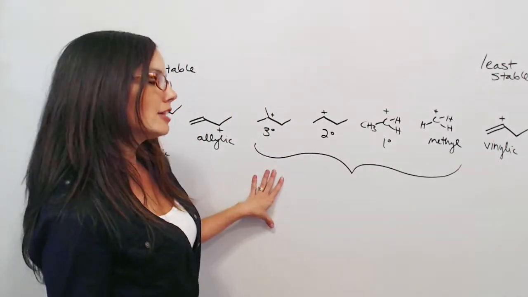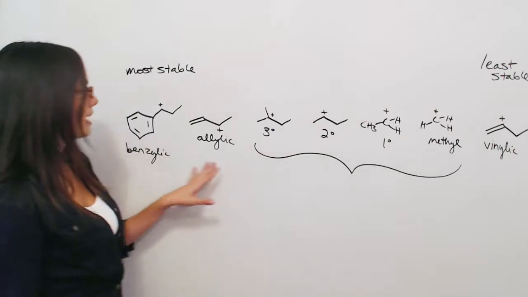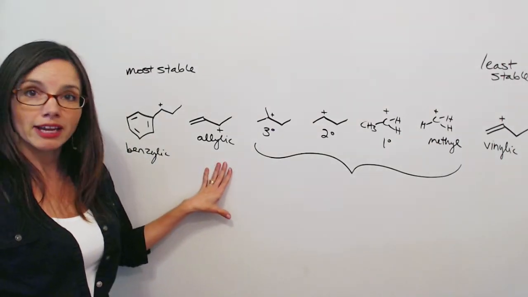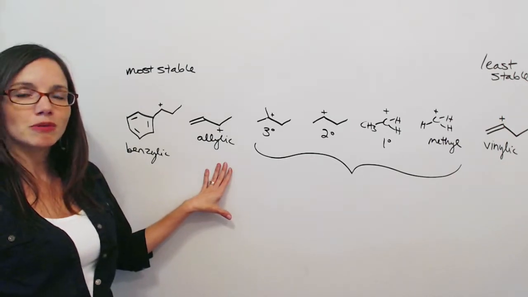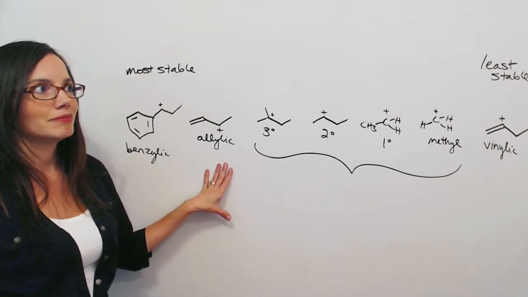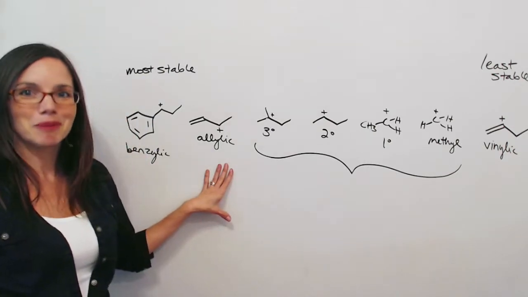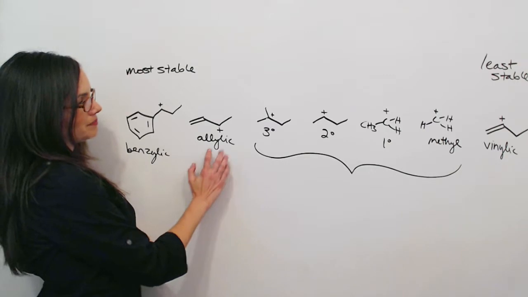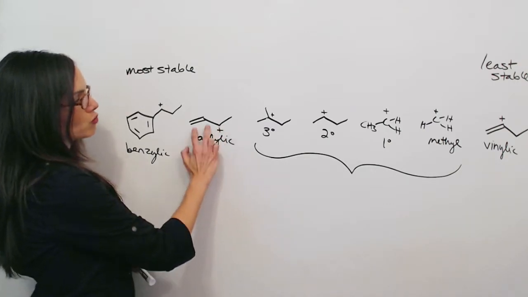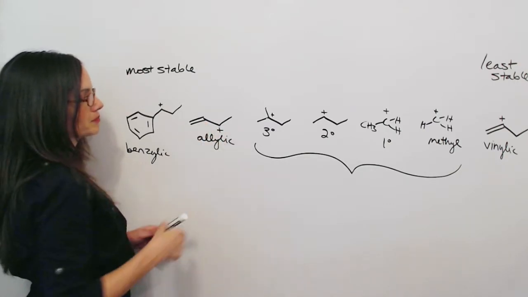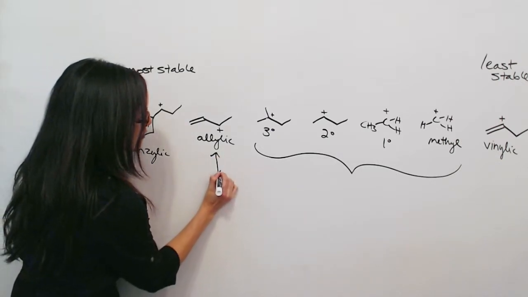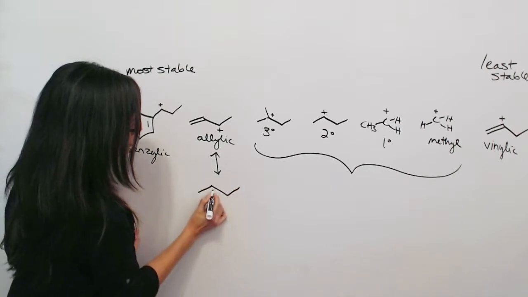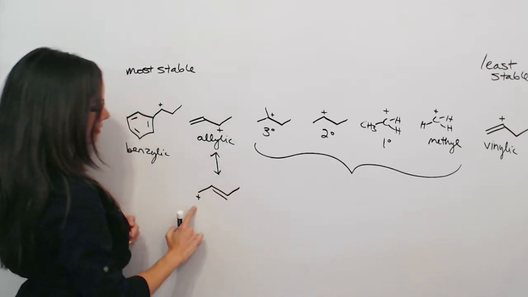Now let's look a little bit further at allylic and benzylic. These aren't actually listed in your chapter in the rankings of carbocations, but they're going to become so important later on. And actually, in your next chapter, they're going to be so important. You might as well talk about them now. An allylic carbocation is when the charge appears right next to a carbon-carbon double bond. And resonance allows this charge to move right here.